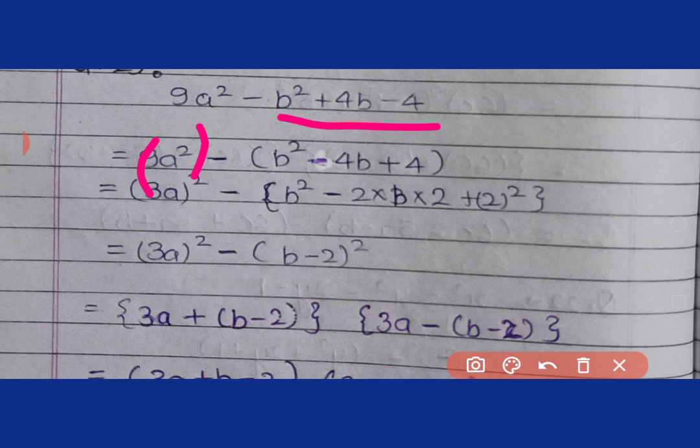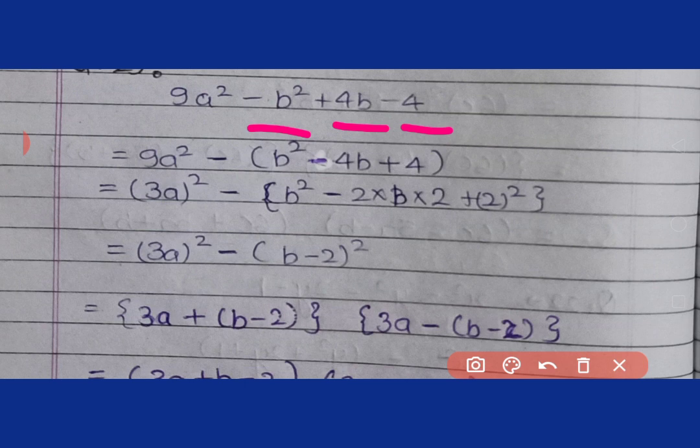As you can see here, why I have changed the sign, as I have explained previously, there is a minus sign outside, so I have changed the sign of the terms I am putting inside the bracket. Everyone's sign changed: b square was negative, so it became positive. Plus 4b was positive, so it changed into negative. And minus 4 was there, so it changed into plus 4.